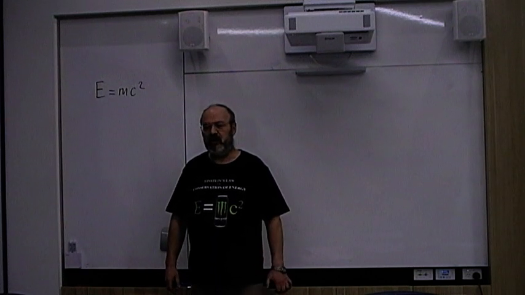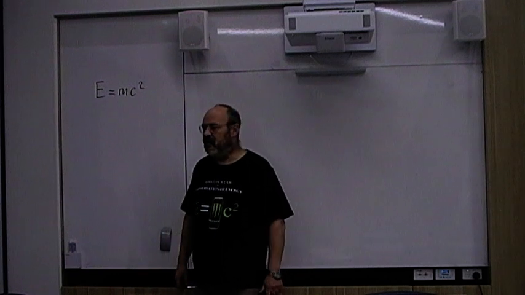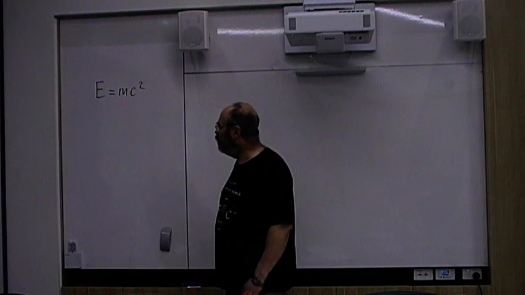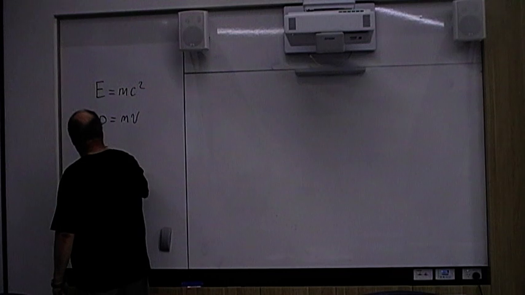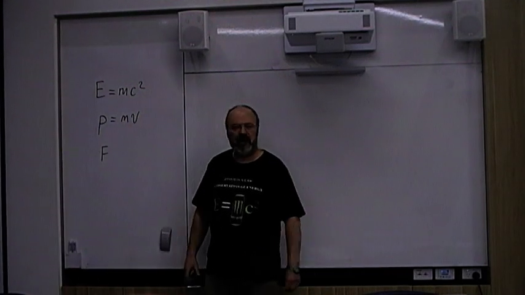There is another way which I personally like more. If you recall that momentum equals mass times velocity, and if you recall Newton's second law, how do we write it using momentum?